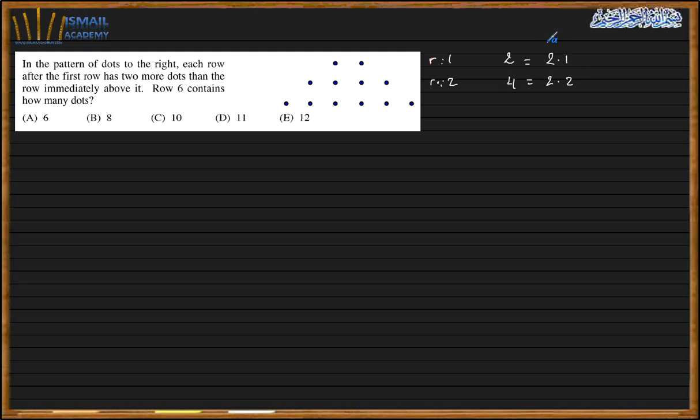That means 2 times the number of the row. Row 3 has 6 dots, which is 2 times 3. If I have the fourth, I will have 2 times 4, which is 8. If I want to look for row 6, it is 2 times 6, which is 12, and E is my answer.